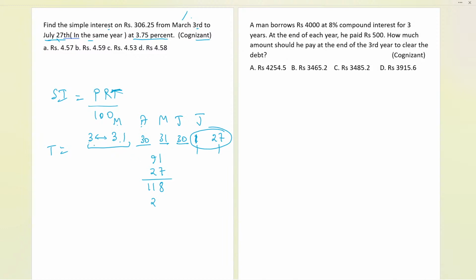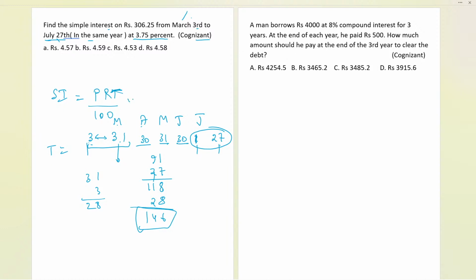We should take from the 3rd to the 27th, so that's why we consider 31 minus 3, which is 28. That is correct. So overall we are getting 146 days.